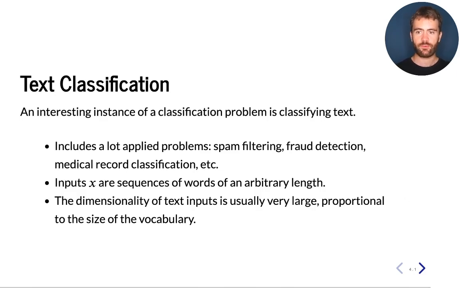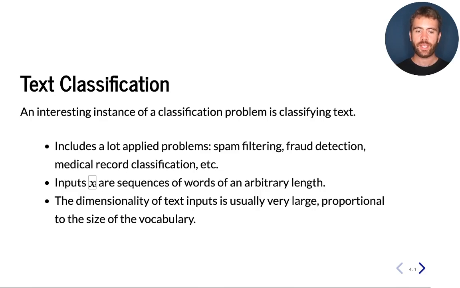This problem is also different from what we have seen earlier. One way in which it's different is that now we're classifying sequences of words, and these sequences of words can be of different lengths. So we could be classifying different sentences, and each sentence is different, or we could be even classifying really long documents. Another way in which this problem is different is that the dimensionality of the problem can be really large.